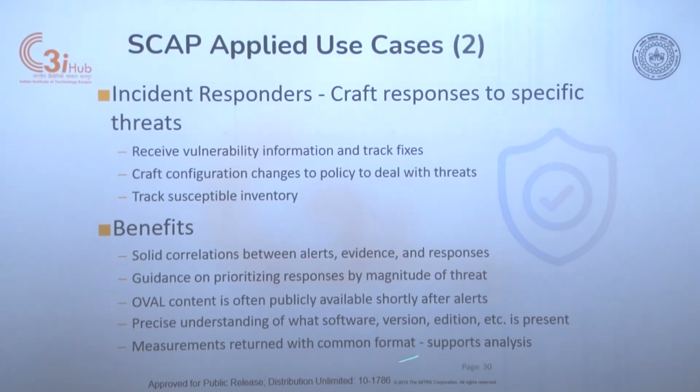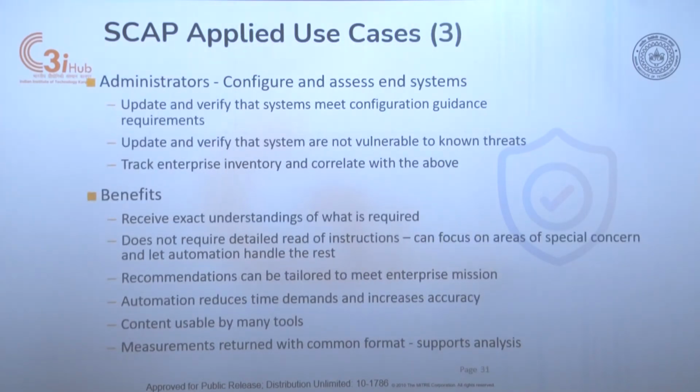So, it supports analysis. Again, the output of these measurements using OVAL or XCCDF can give you a good picture of what is going on inside your organization. So, administrators can configure and assess end systems, update and verify that the system meets the configuration guide.